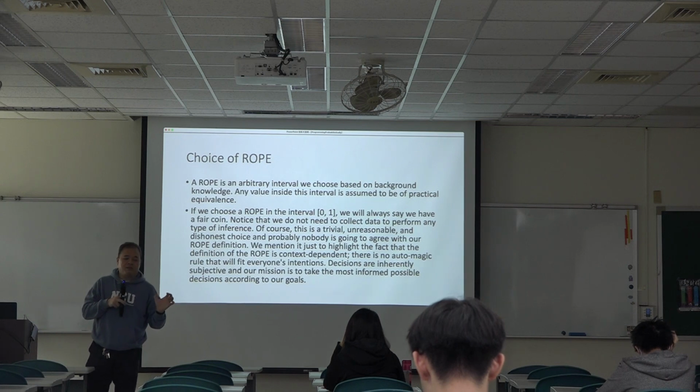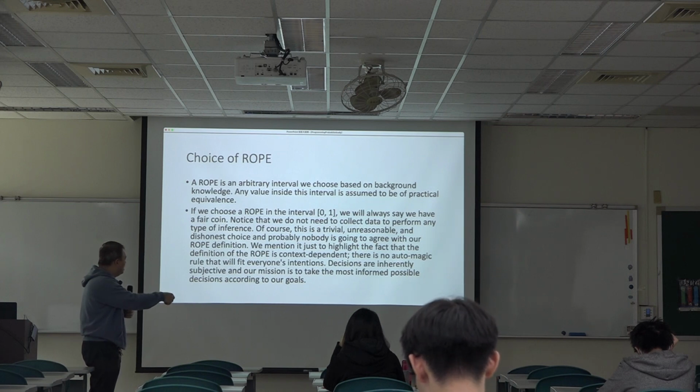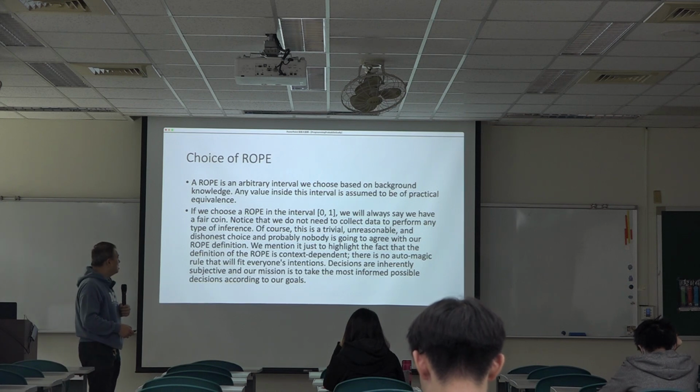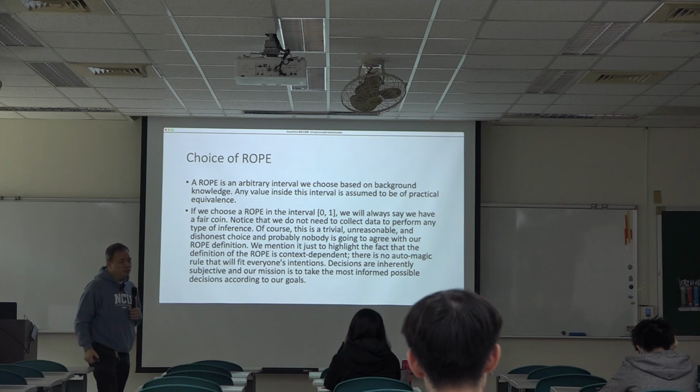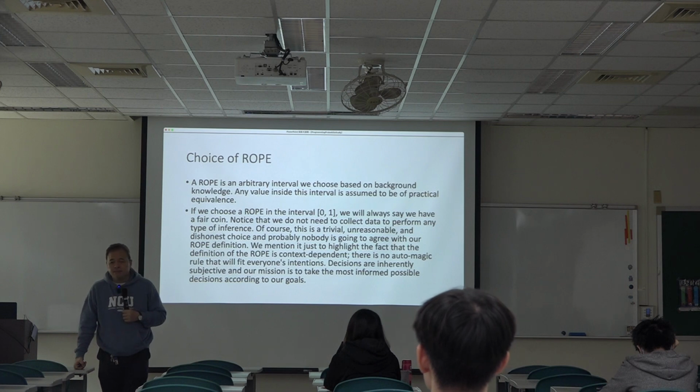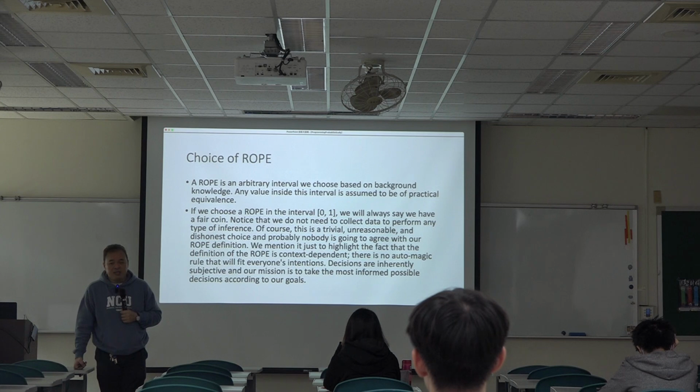But at least this 0 to 1 ROPE is obviously an absurd setting. You can set it to be, say, 0.4 to 0.6. That's also reasonable, right? Or if you have more demands for a fair coin, you can set it to be maybe 0.48 to 0.52, something like that.